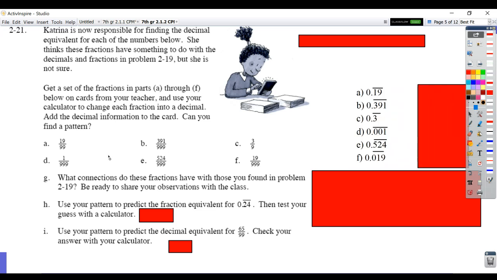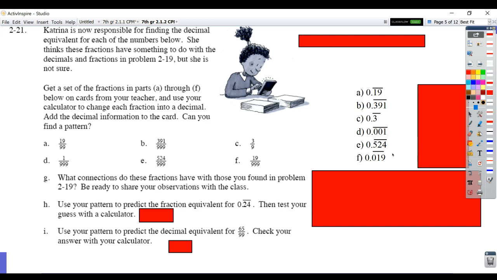So 19/99 is 0.19 repeating. 391/999 is 0.391 repeating. 3/9 is 0.3 repeating. 1/999 is 0.001 repeating. If you look at these, which again you could find by putting them in your calculator, numerator divided by denominator, you see that there is a pattern here.